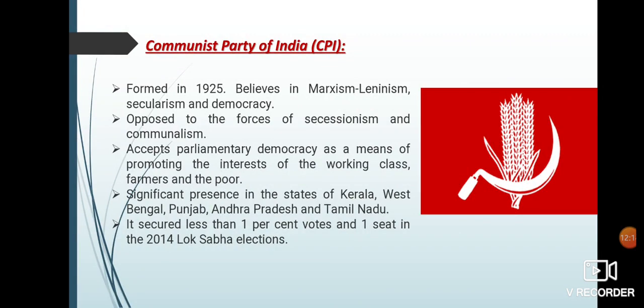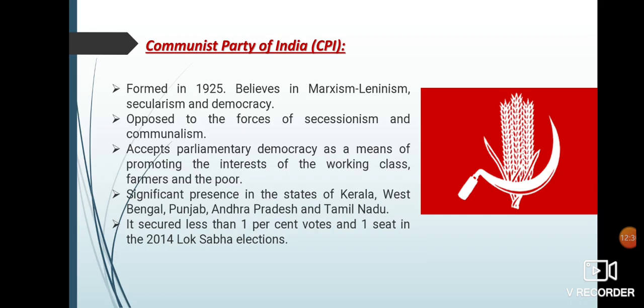Next party comes Communist Party of India, CPI. Formed in 1925, it believes in Marxism, Leninism, secularism, and democracy. CPI is opposed to the forces of secessionism and communalism.